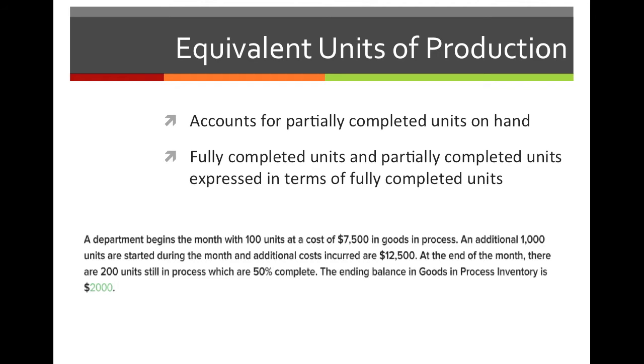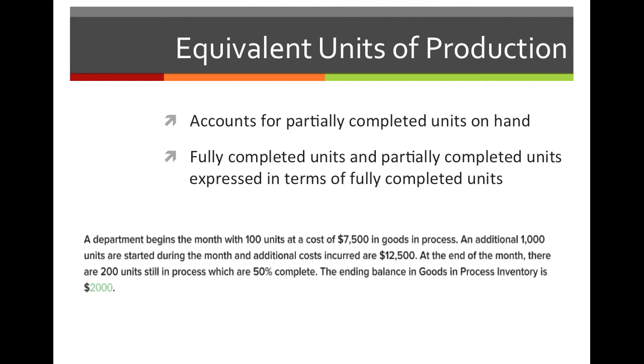And now, if we're going to think about those 200 units that are still in goods in process inventory at the end of the month in terms of finished goods or goods that were fully completed, we have to use that 50% to say that they're not 100% complete, they're 50% complete. So we really only have 100 units instead of 200 units.